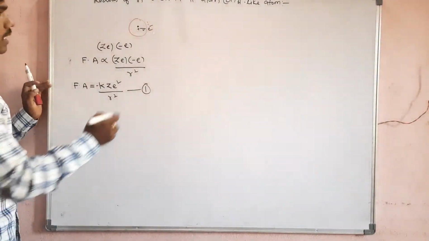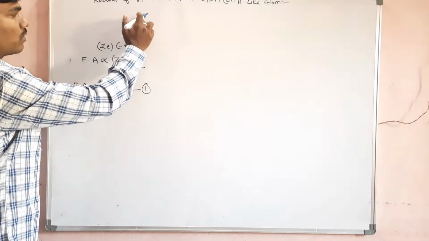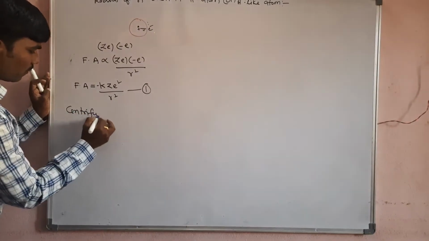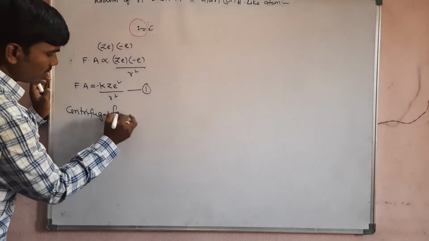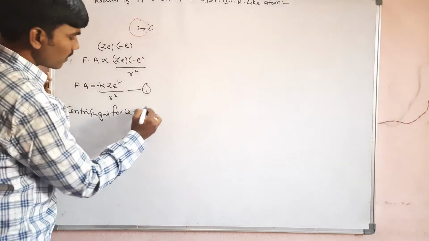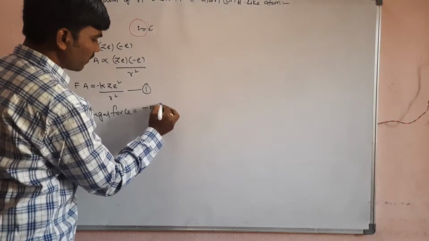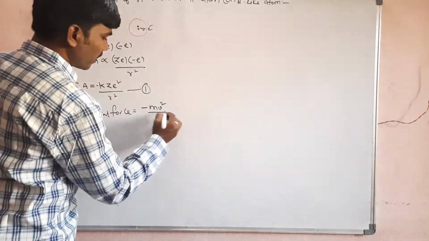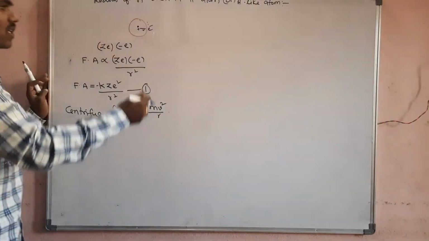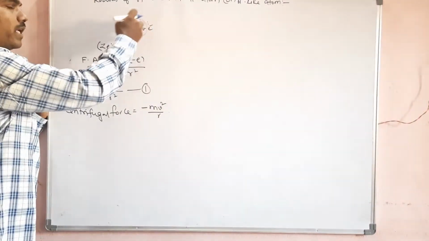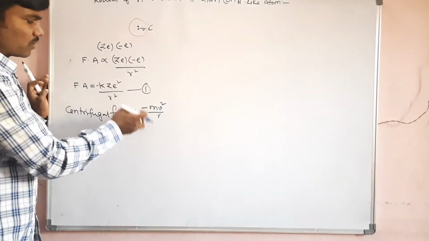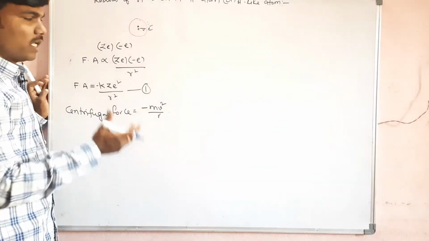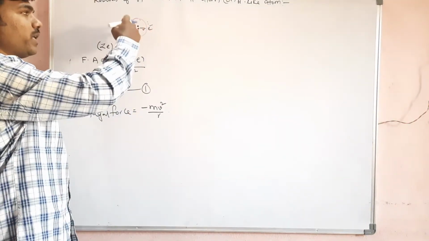The force working on the electron, the centrifugal force, is equal to minus mv square by r. When will the electron revolve in a circular path? If these two forces work in equal and opposite directions, then only the electron will continue in the circular path.